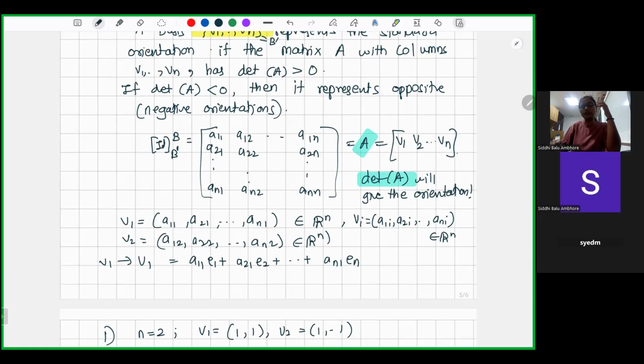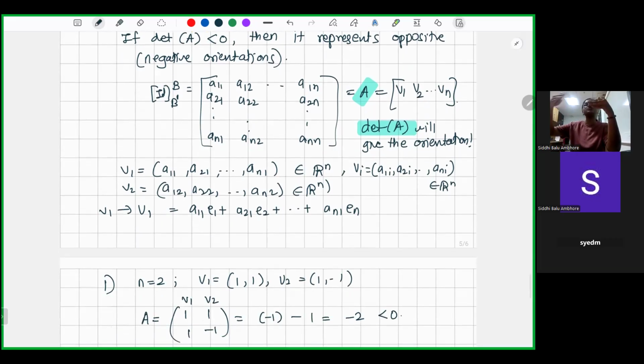Even if we go from B dash to B or B to B dash, the linear transformation matrix will be the inverse of this matrix. But it does not matter what the determinant is.